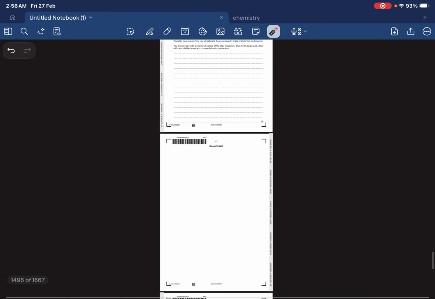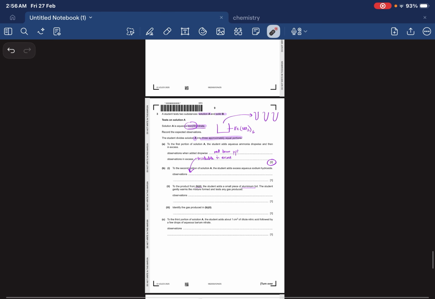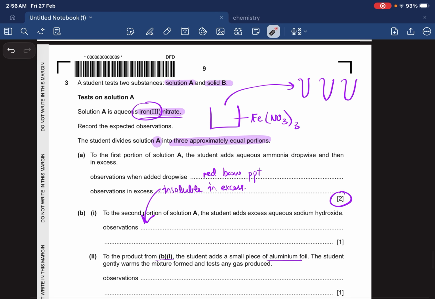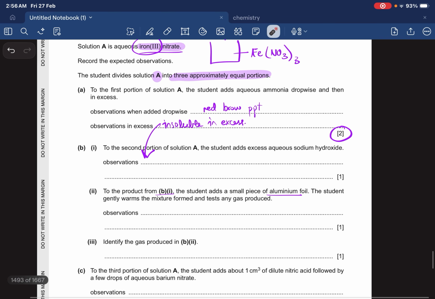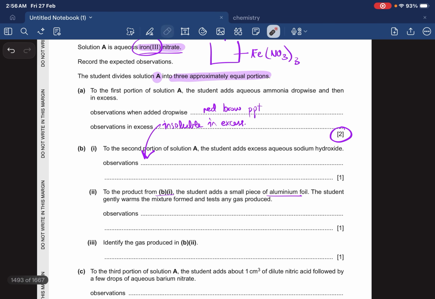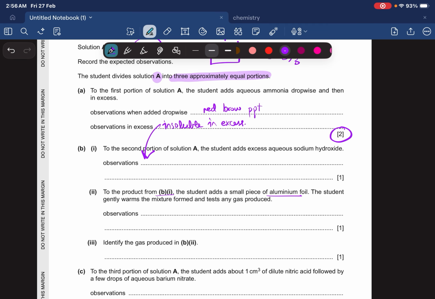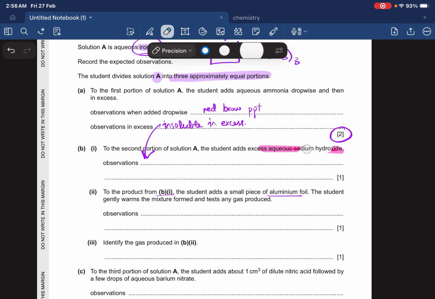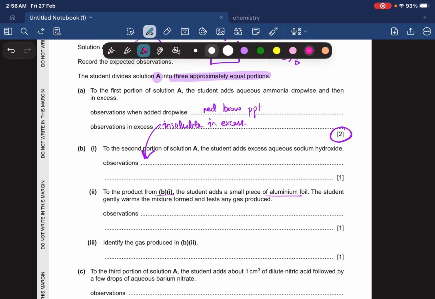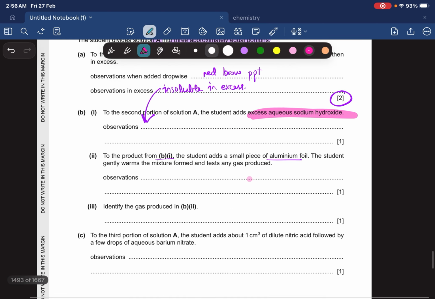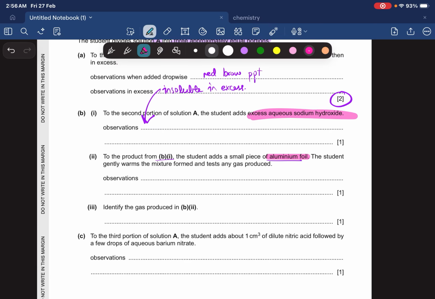Because in B1, look, where's B1? This is B1. You added sodium hydroxide. Okay, so that's what they're trying to say. Then you add aluminum foil.